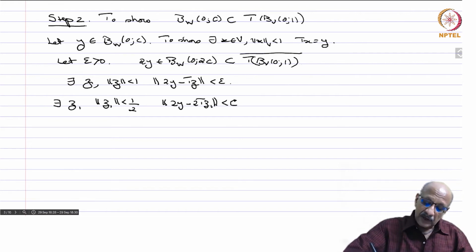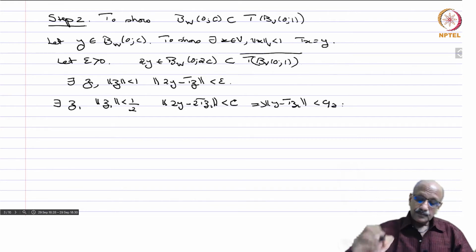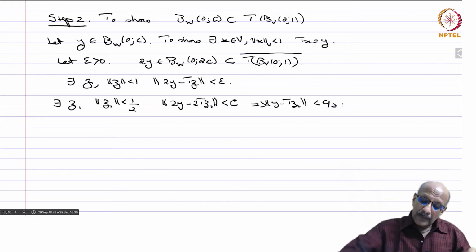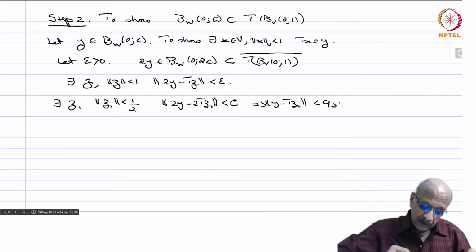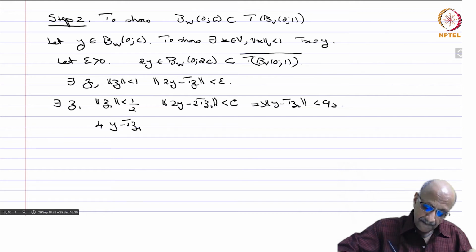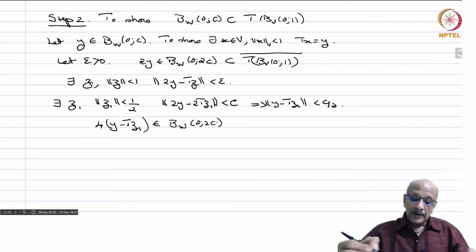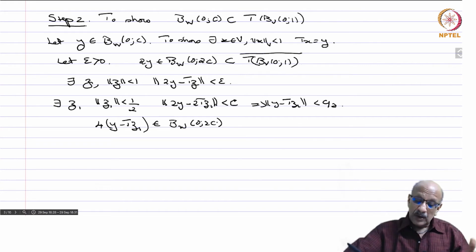I am going to take epsilon equal to c, so that this implies that norm of y minus Tz1 is less than c by 2. Okay. So y minus Tz1 is less than c by 2. So 4 times y minus Tz1 belongs to B_W(0,2c). So it can be approximated by image of something which is in B_V(0,1) as closely as you like.